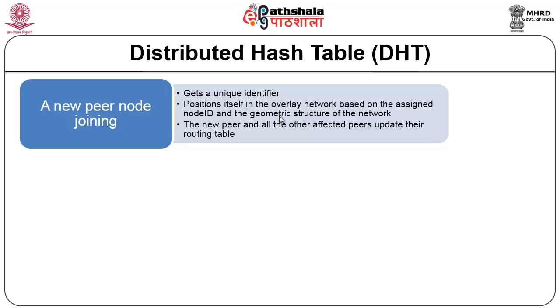I start this DHT with 3 nodes, and I give the values 1, 7 and 10. Now when a new node joins, I hash its IP address or a specific part of the new node and get a value mapped to some number between 1 and 10 other than 1, 7 and 10.